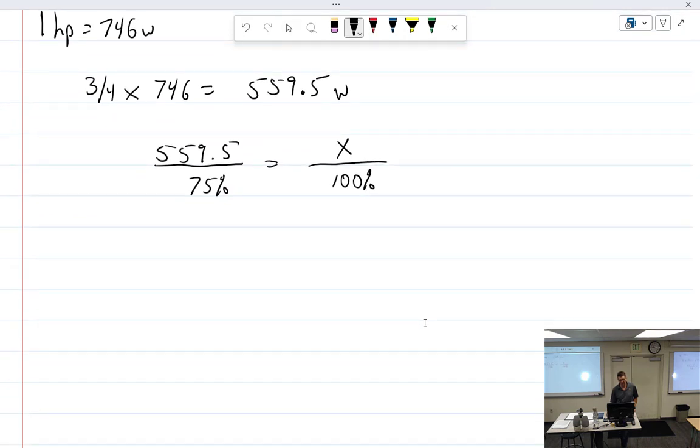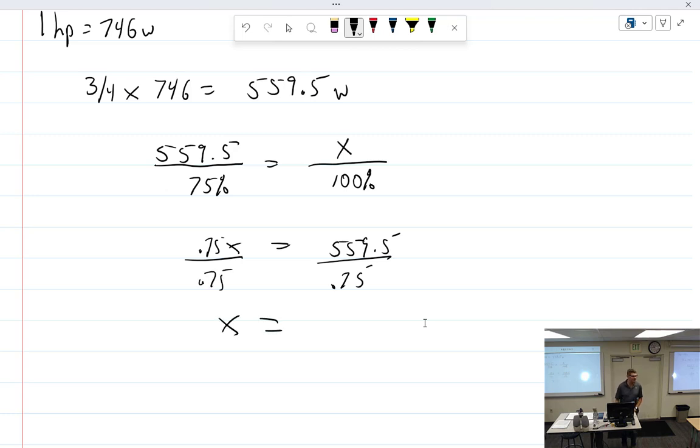So 559.5 times 100% is 559.5, and x times 75% is 0.75x. So we'll divide both sides by 0.75, which leaves me with x equals 746 watts. Wow. How did that happen?